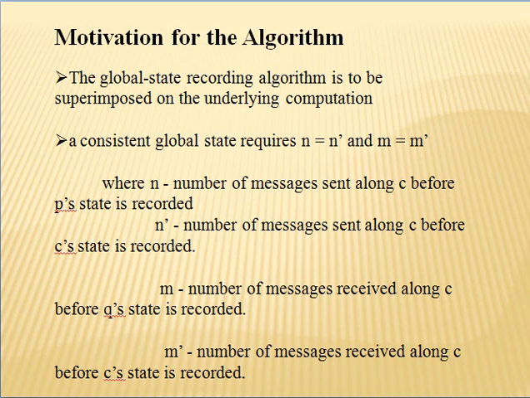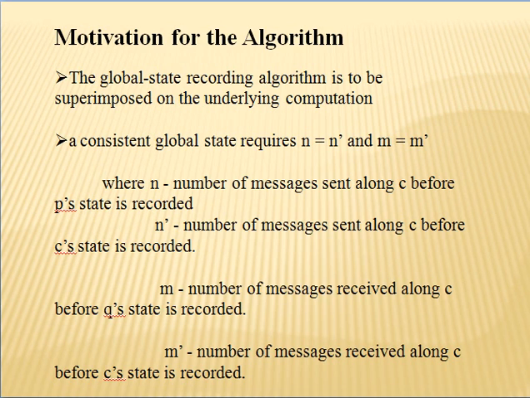This suggests that the recorded global state may be inconsistent if the state of C is recorded before P sends a message along C, and the state of P is recorded after P sends a message along C. We can consider the case where n is greater than n dash, the number of messages sent along C before C's state is recorded.